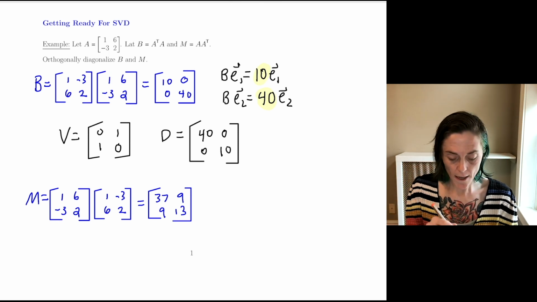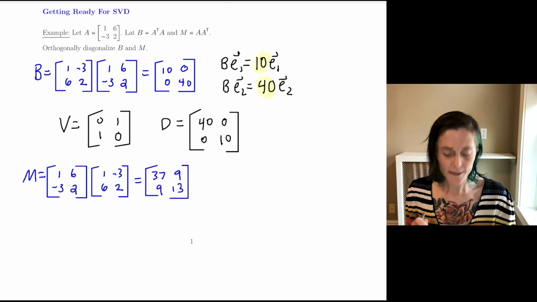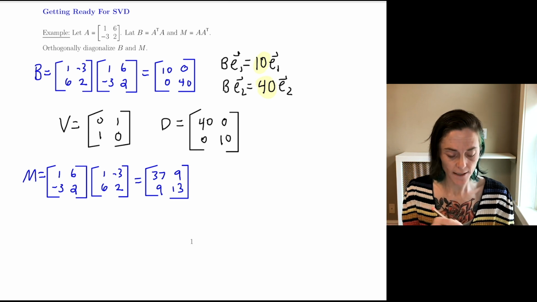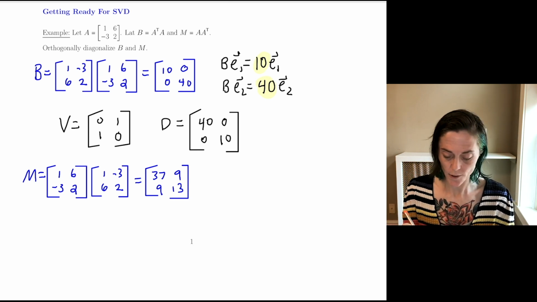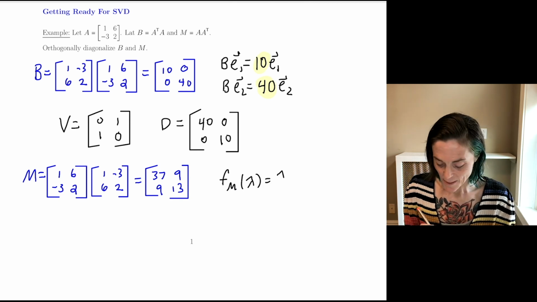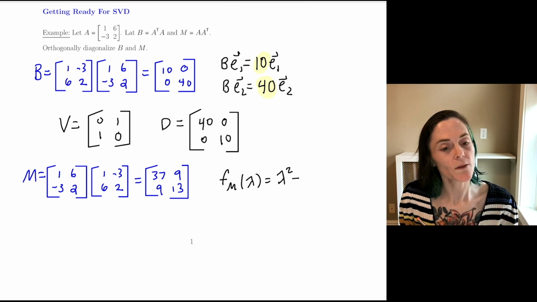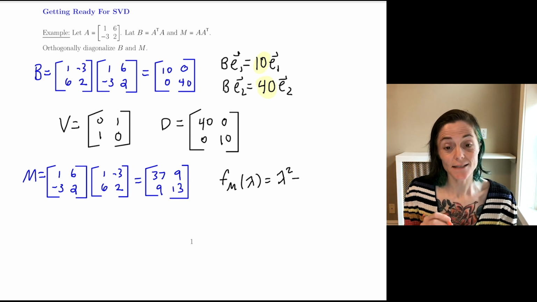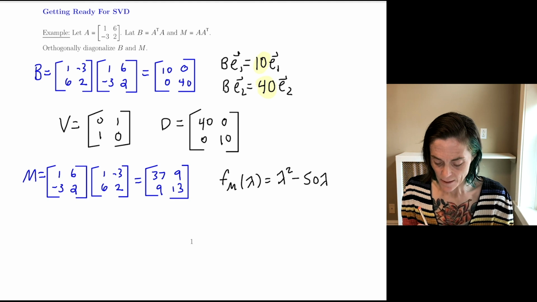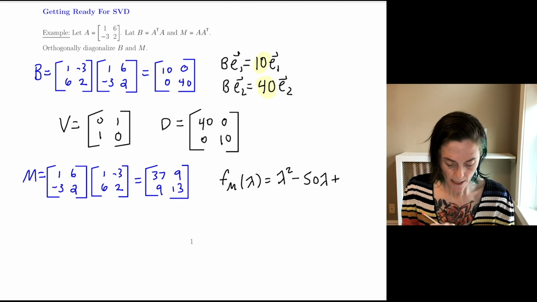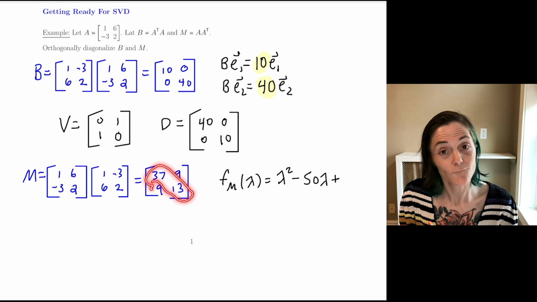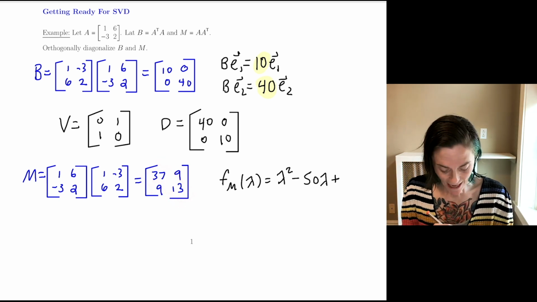Okay, next one, we have M. Well, here it's not so clear looking at it, the eigenvalues and eigenvectors. So let's calculate the characteristic polynomial f_M of lambda: lambda squared minus, well, the trace is 37 plus 13, which is 50, lambda, and then plus the determinant. So we have to take 37 times 13, which is 481, and then subtract off 81.